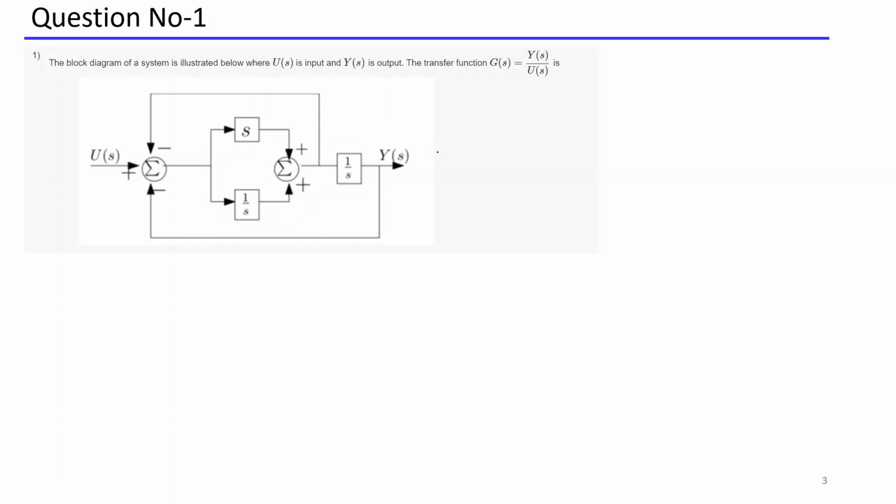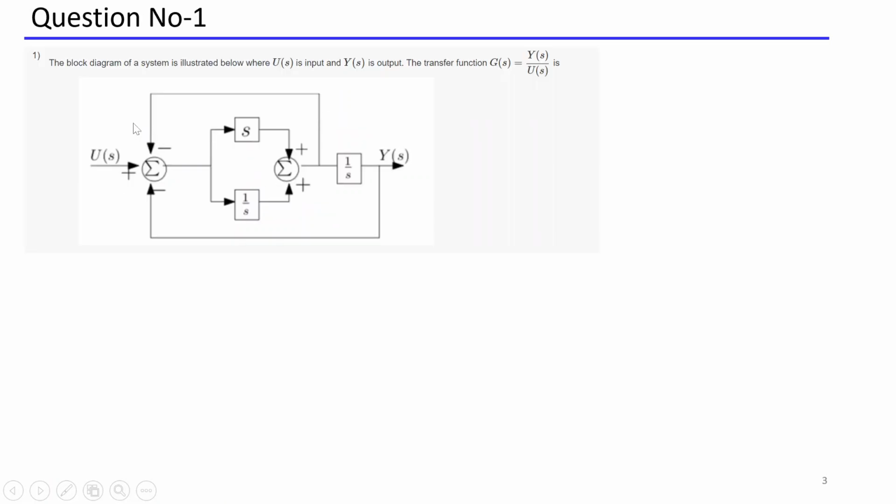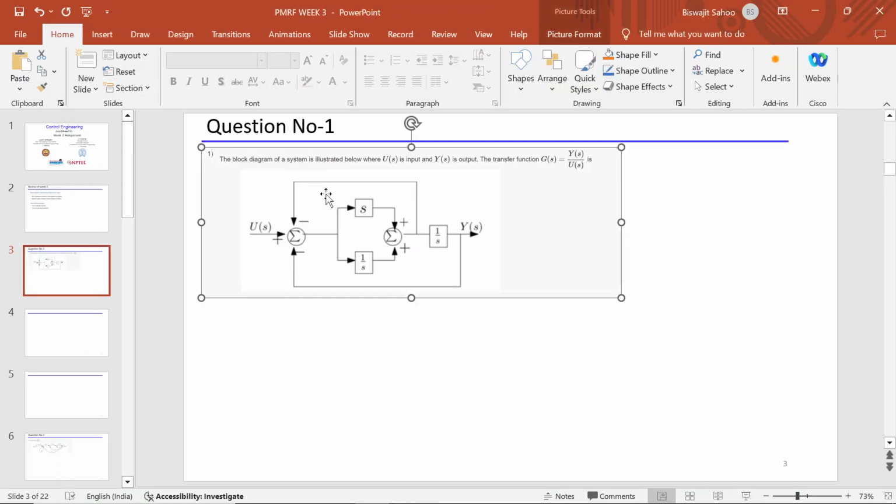Otherwise, what you can do is convert this block diagram. Sir, please enlarge the screen, the question is not readable. Zoom out.